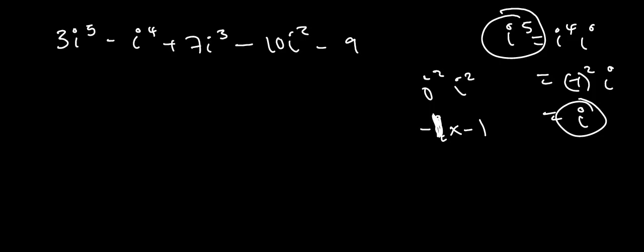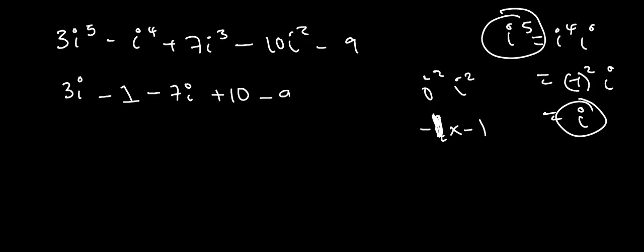So now, in this part, we're going to have 3i because we reduced it. Then i to the power 4 is the same as 1, so I'll write a 1 there. i to the power 3 is the same as negative i, and this is where the negative 7i comes from. i squared is the same as negative 1, so negative 1 times negative 10 is positive 10.